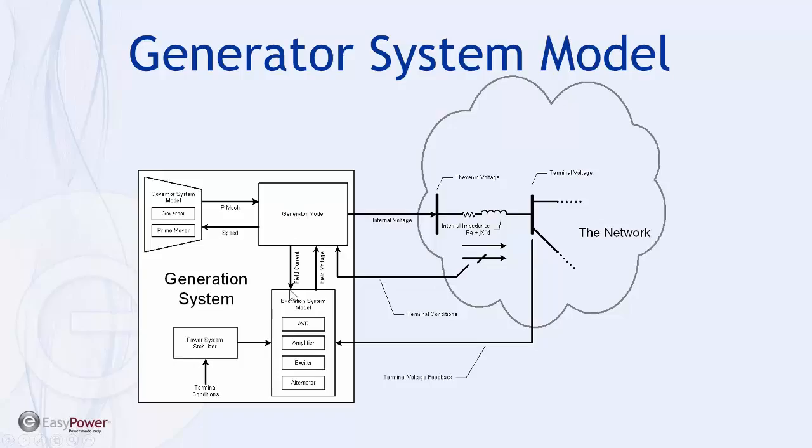Likewise, the field current that goes to the excitation module will provide a response in field voltage, and this is connected to the network through a Thevenin equivalent impedance and an impact signal of Thevenin voltage, which can then show the change due to the model's response.